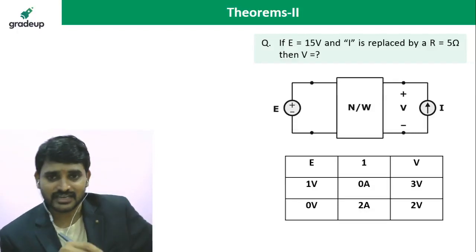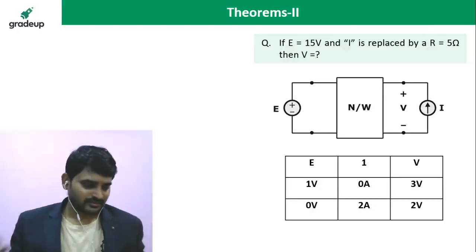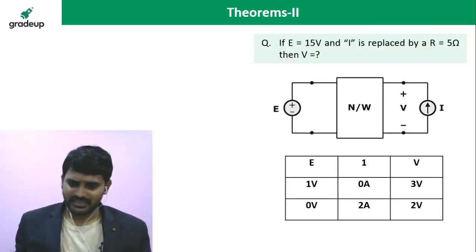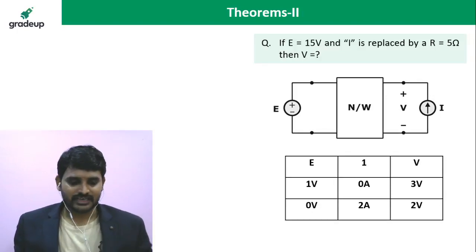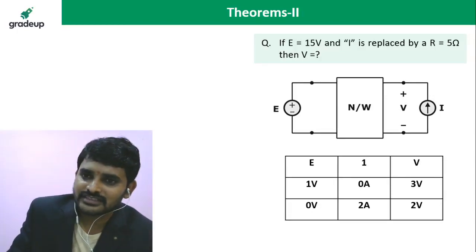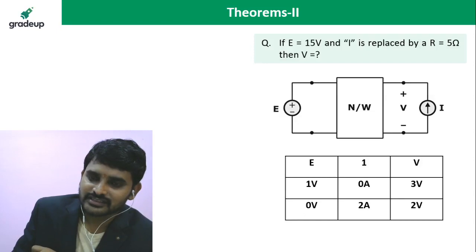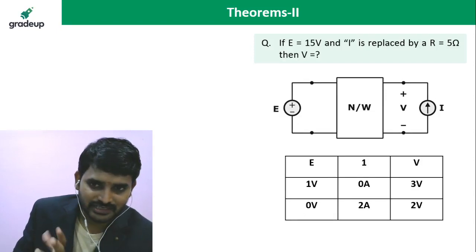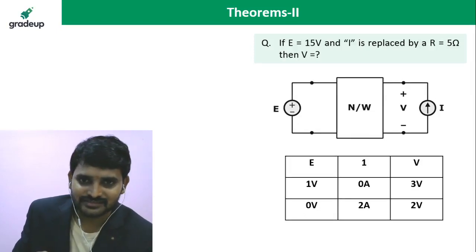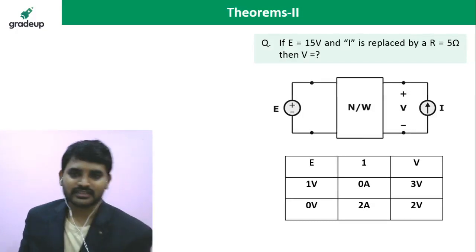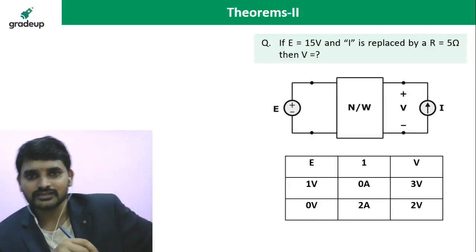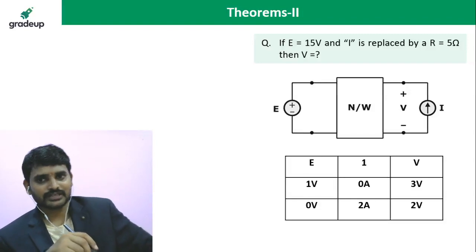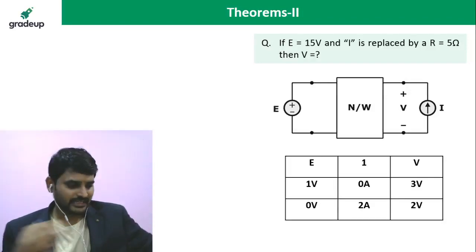This kind of questions are asked multiple times. In GATE, very rare. When it comes to ESE, it will be a very frequent question. This kind of question. Black box will be given. Nothing is visible, and they'll give you some information. From that information, you have to understand the data and calculate what they actually want.